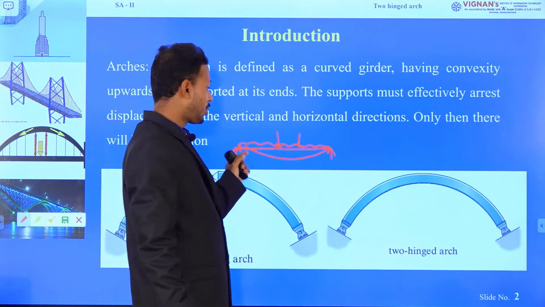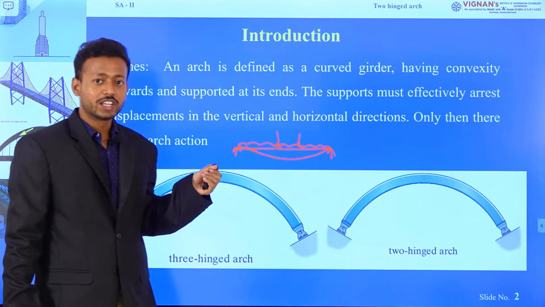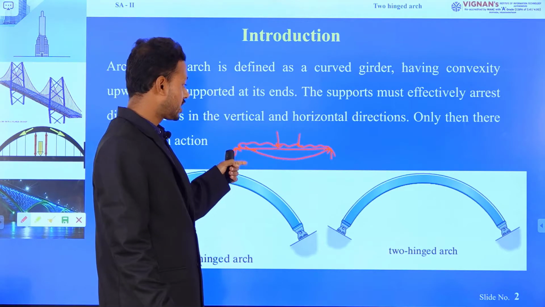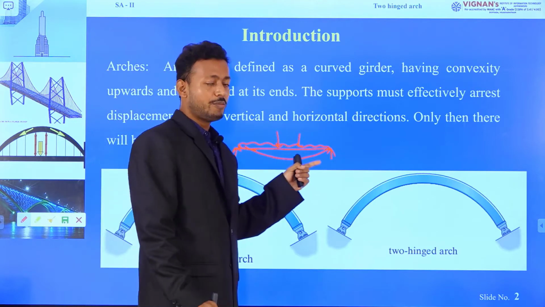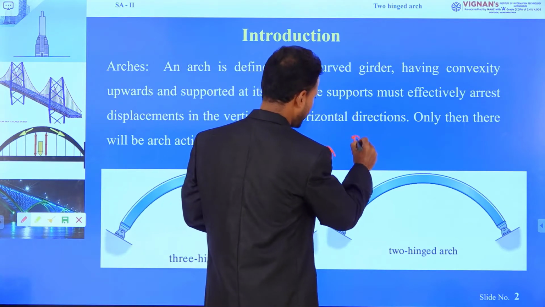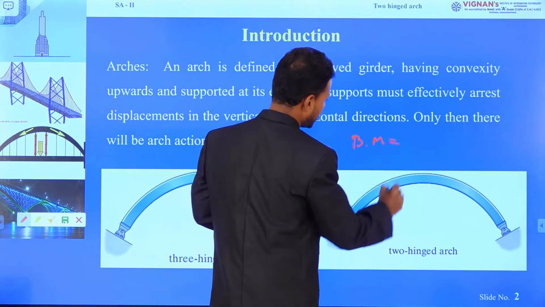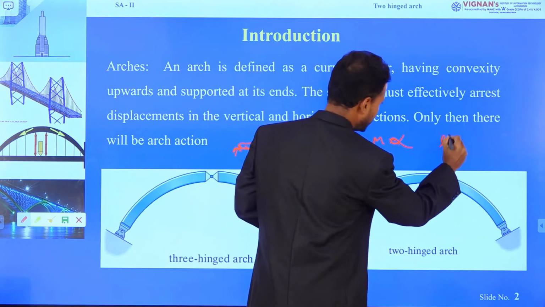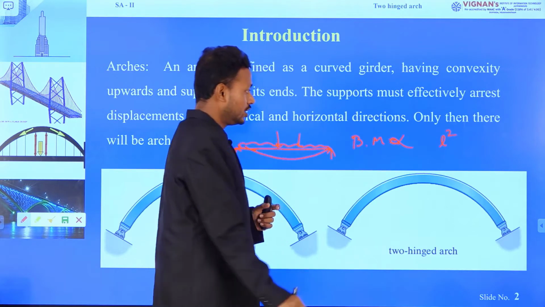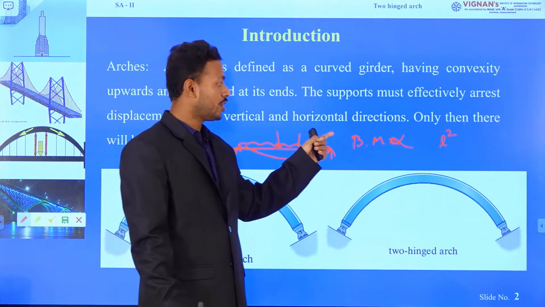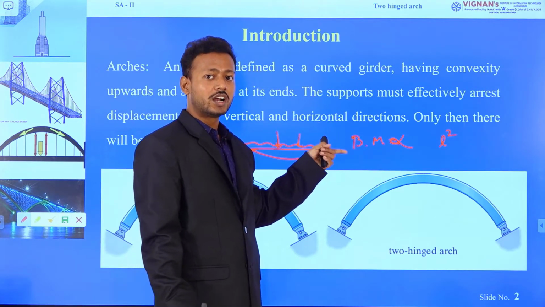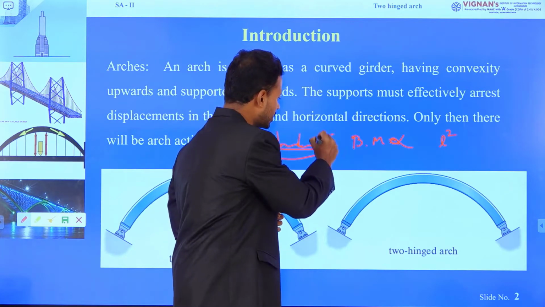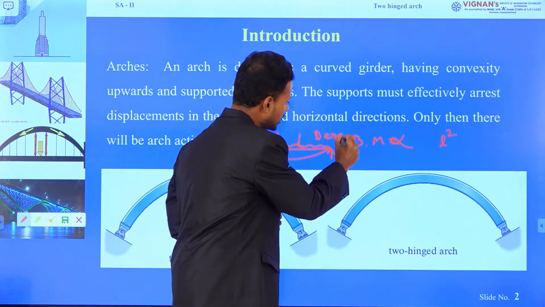Now, the problem is that when the beams are subjected to different types of load, it gets deflected. Therefore, the bending moment is proportional to the square of the span. Once the span of the girder increases, the design bending moment increases.